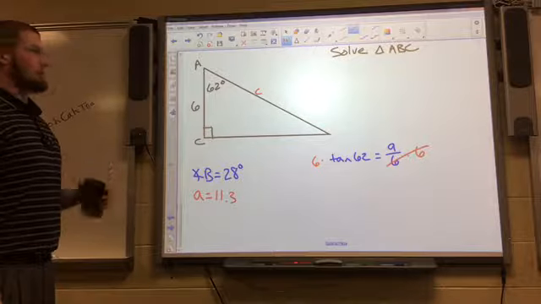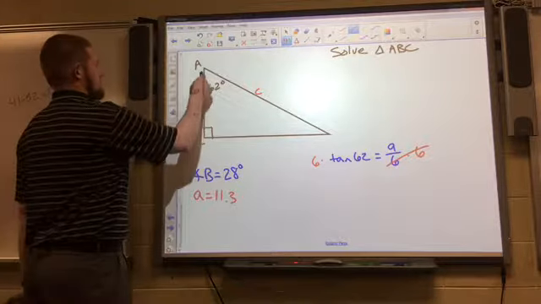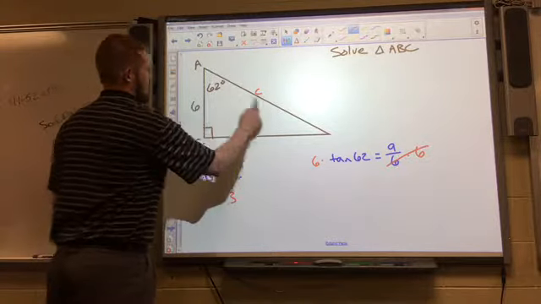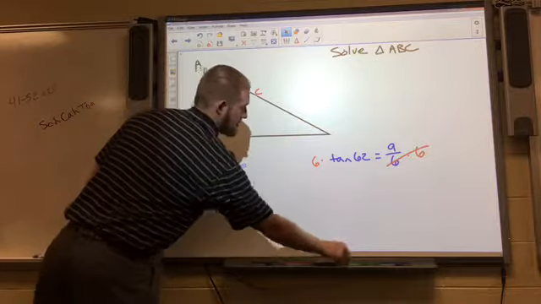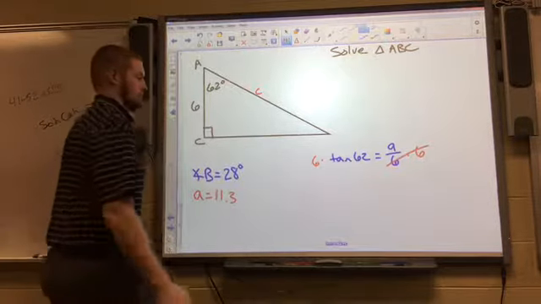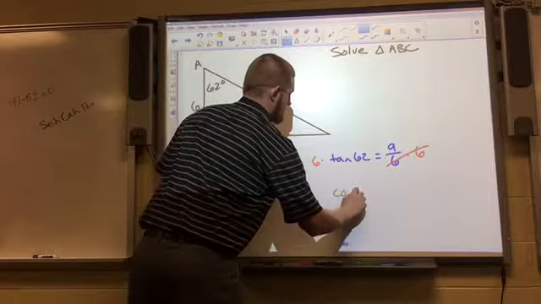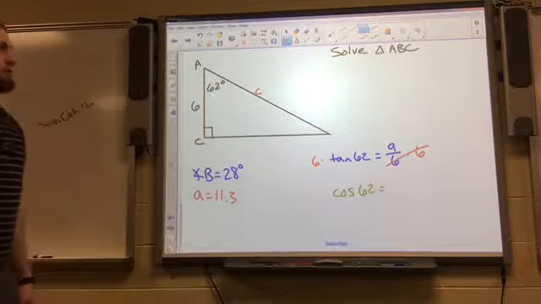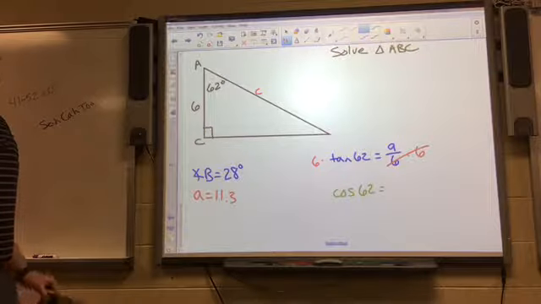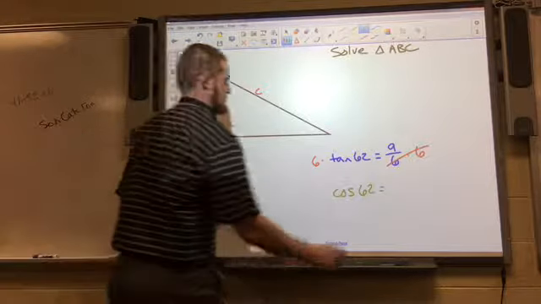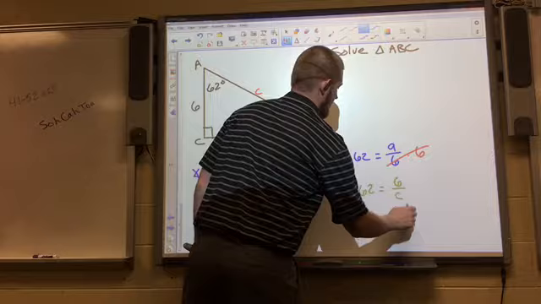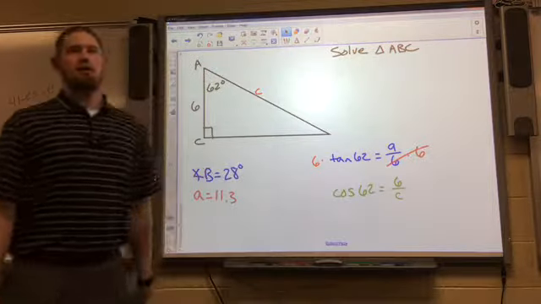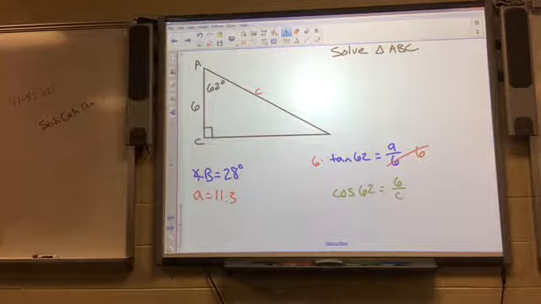What trig function uses the adjacent side and the hypotenuse? Cosine. So I have the cosine of 62 equals 6 over C. This is where your book is going to use one of those new trig functions.